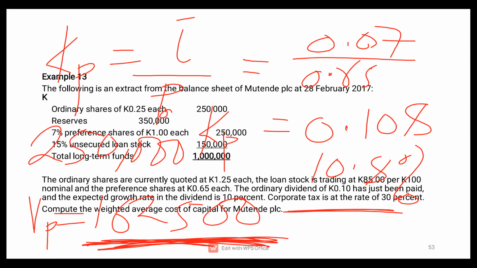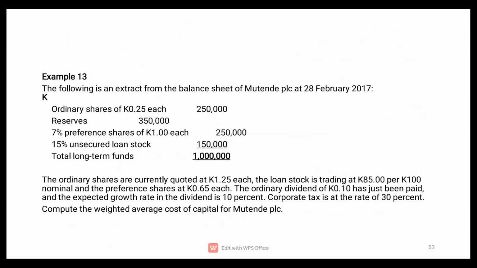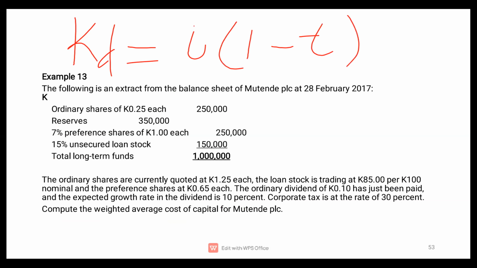What have we remained with? We have remained with debt. We also need debt. What are we given about the debt? Let's find the cost of debt first. The cost of debt is given as the interest times 1 minus taxes divided by the price of the debt.